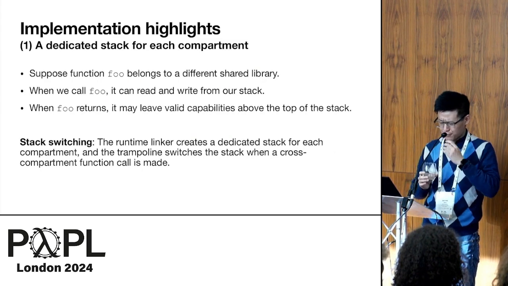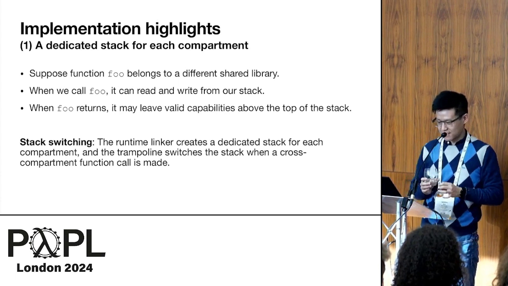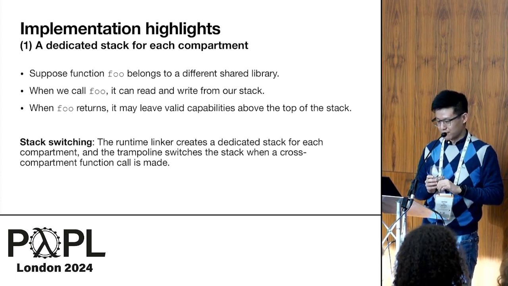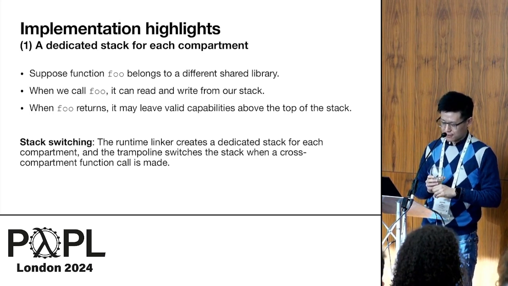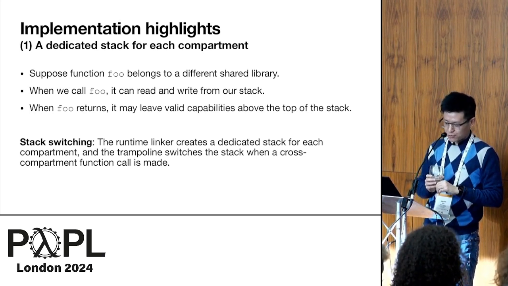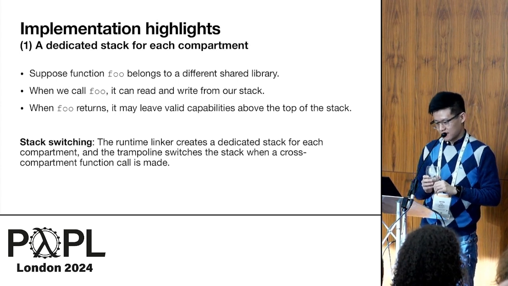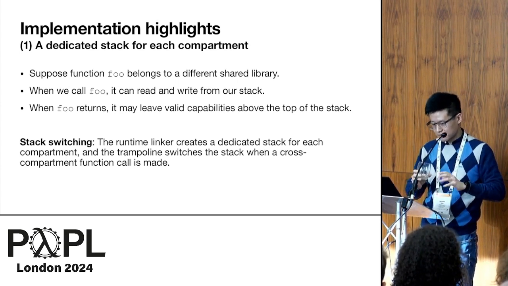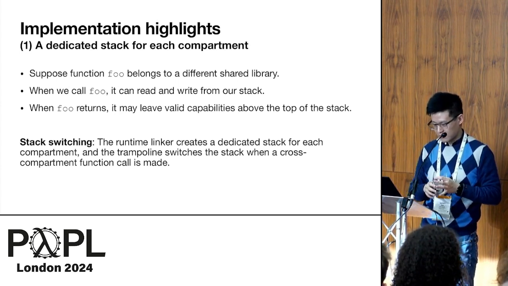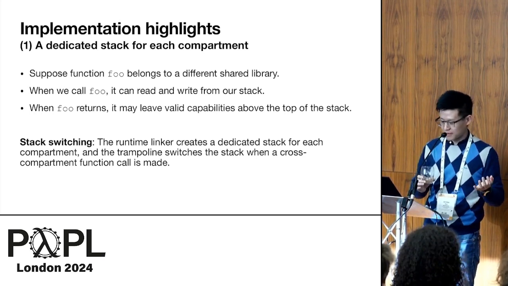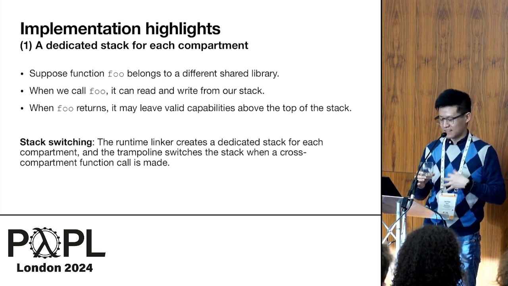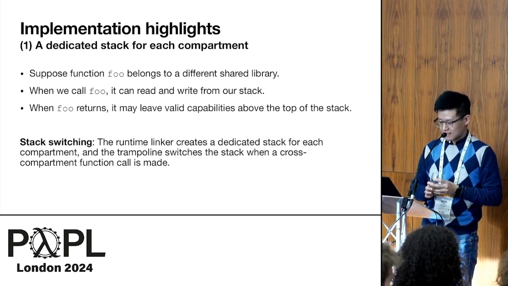So let me just give you some highlights about the implementation. It's very brief. For example, we have a dedicated stack for each compartment, because suppose we have functions belonging to different libraries. Foo is in the library. When you call foo, it can read and write from our stack and corrupt our local variables.